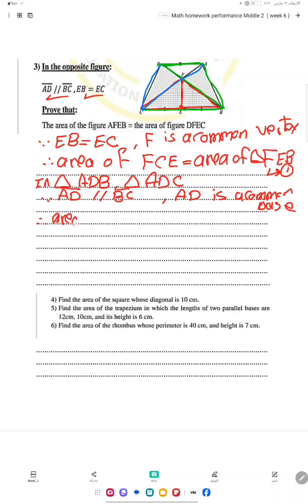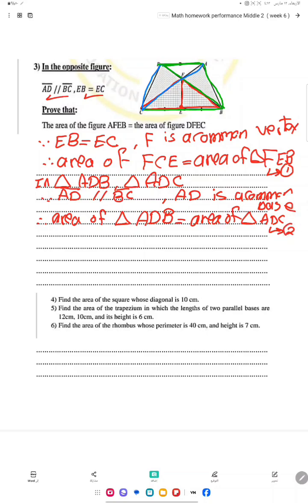So the area of triangle ADB equals the area of triangle ADC. Let's say this is number 2.